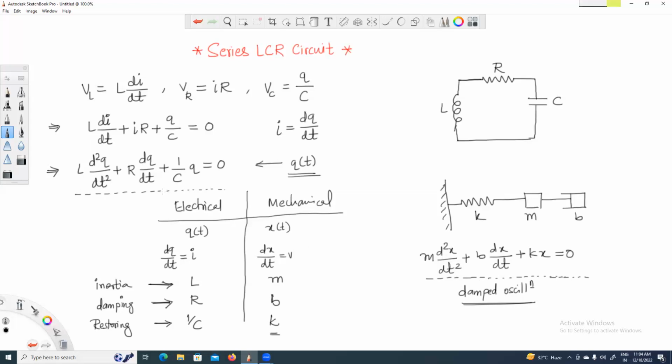So let us write down the differential equation for this series LCR circuit without any kind of external source. I can write this as L d²q/dt² plus R dq/dt plus 1/C times q equals 0, and there is no forcing here.